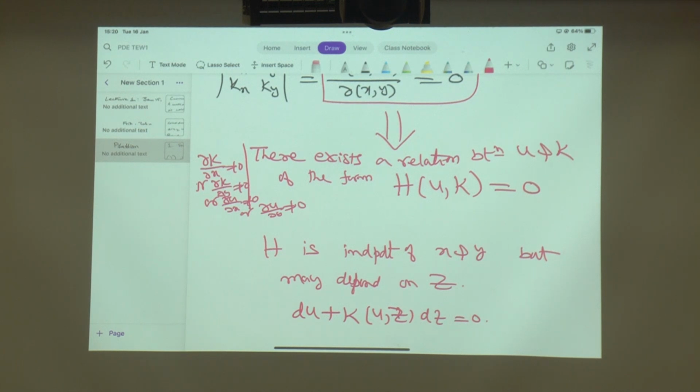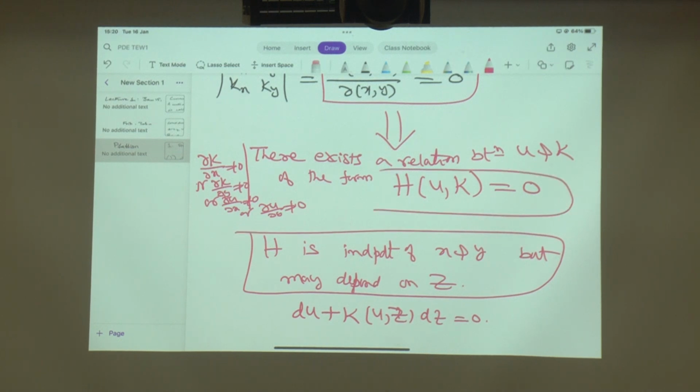Okay. I am saying k can be written in terms of h and u or something, and z, because z is in the background. So once again there is some kind of implicit function being done here.